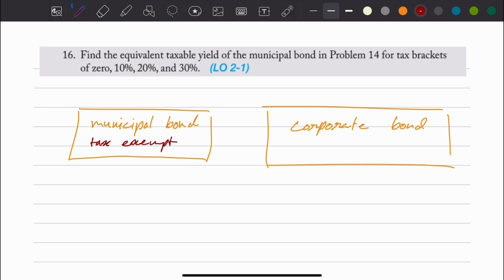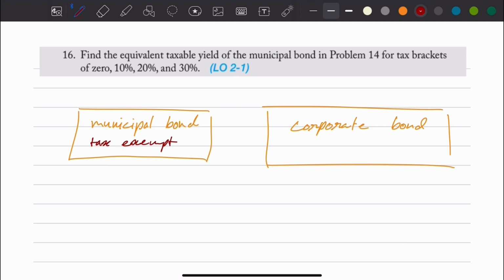What do we mean by that? We mean that whatever rate that you generate from the municipal bond is going to be completely in your pocket. Okay, so if it pays 4%, you're going to get that 4% interest and it's going to be all yours.